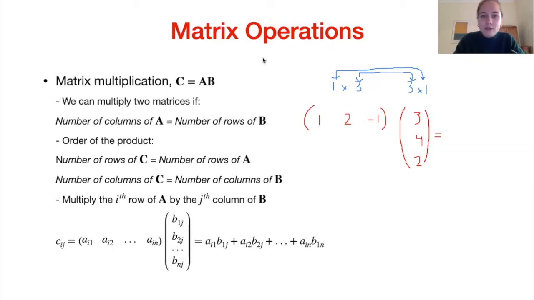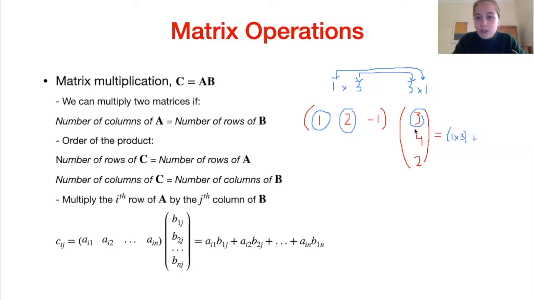Well, remember that we have to multiply the first component of the ith row of A, so the first row of A, by the first component of the jth column of B. So we have 1 times 3, and remember we have to sum all of these corresponding components.